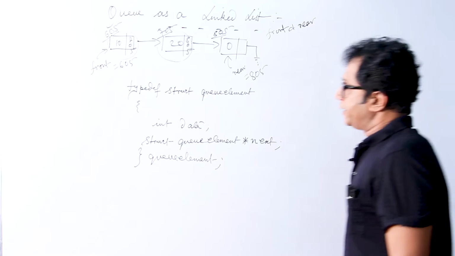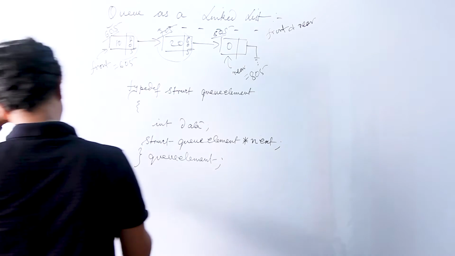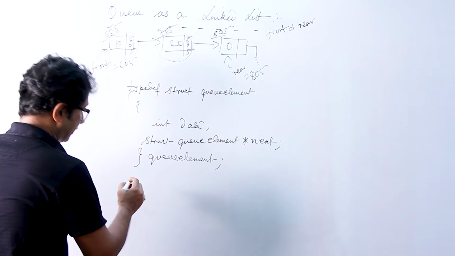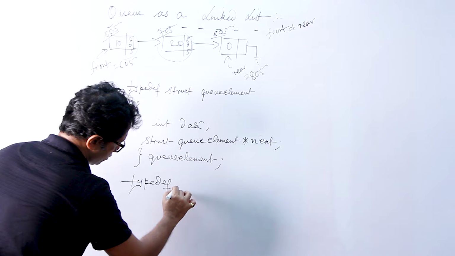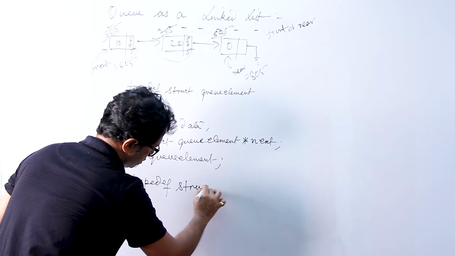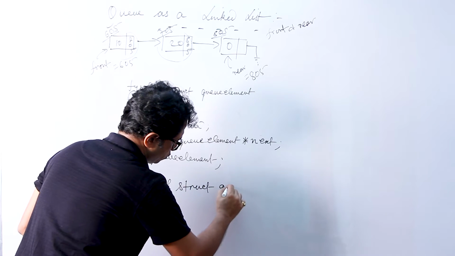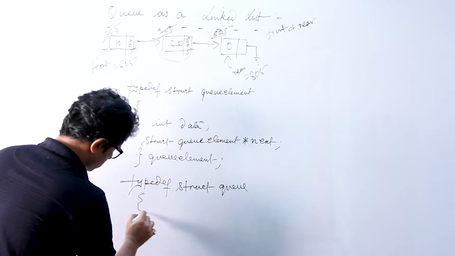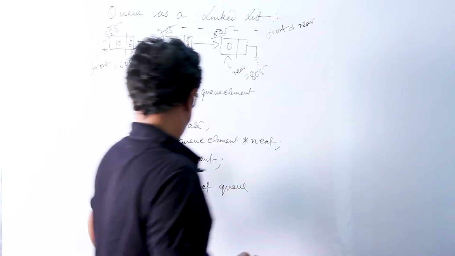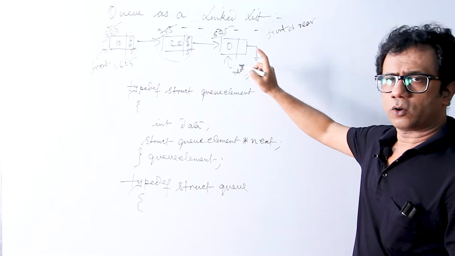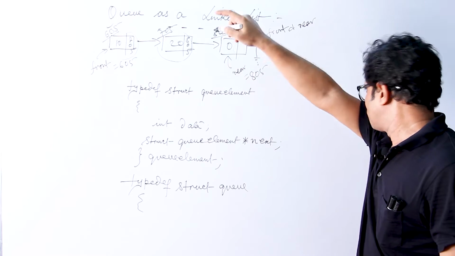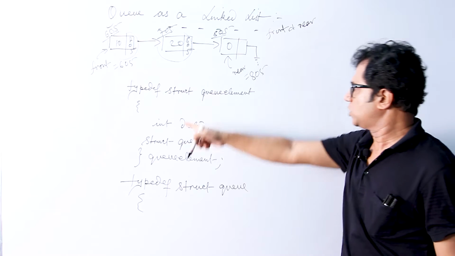And after that we are going to define the structure of the Q data structure like this: typedef struct Q. What will be here? There will be two pointers, front and rear, which point to the data type Q element.